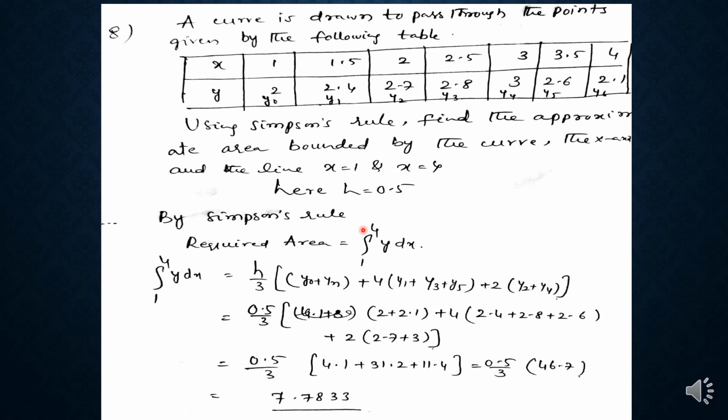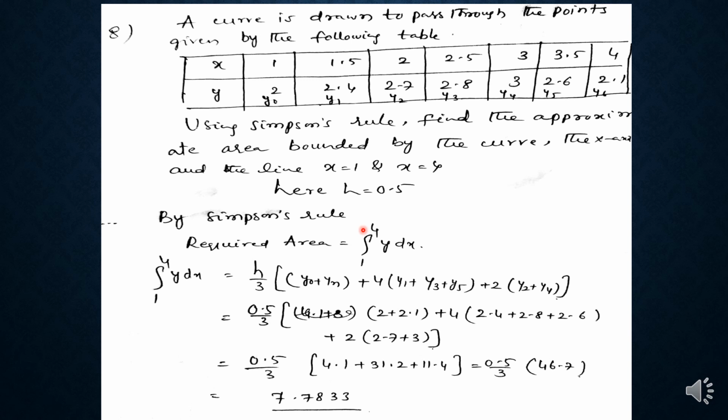What is Simpson's 1/3 rule? The integral from a to b of f of x dx is equal to h by 3 into the sum of the first and last ordinates plus 4 into the sum of the odd ordinates plus 2 into the sum of the even ordinates.